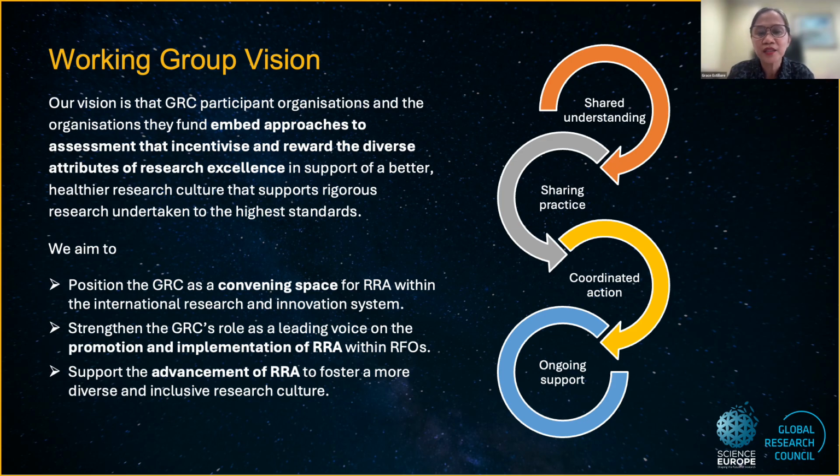Second, sharing practice by documenting and disseminating real-world examples from funding organizations across different contexts. Third, coordinated action through practical tools and guidance that enable funders to translate principles into implementation. And finally, ongoing support by sustaining dialogue, peer learning, and continuous improvement.